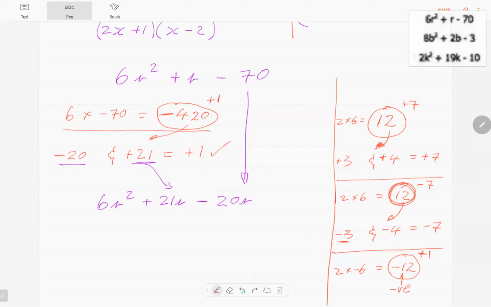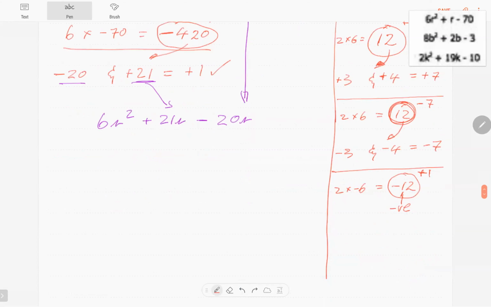When you want factors of a negative number, like here, one factor will be positive and one factor will be negative. You give the larger one the sign of that, because it is a negative number with a positive factor and a negative factor. All right?